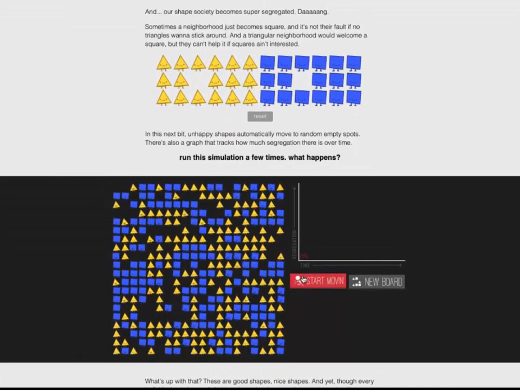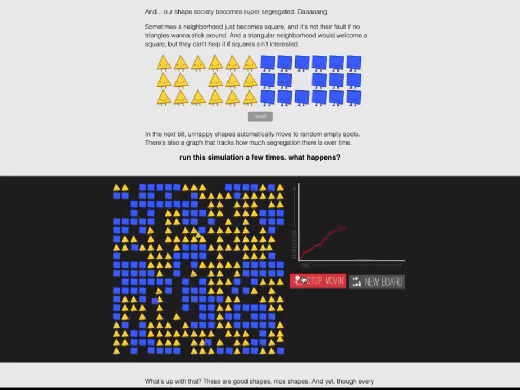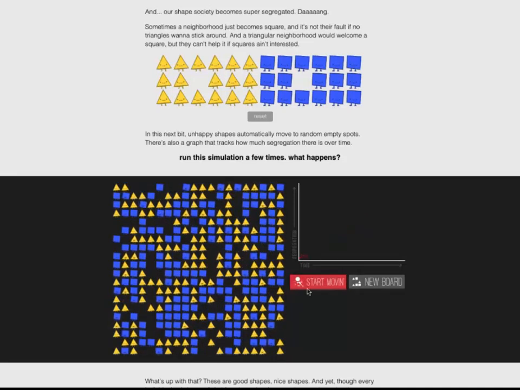Now, instead of individually moving things around, I'll have the computer move things. You saw what happened, new board. Now I start that, and one unhappy guy is selected and put somewhere else where he is happy. That's very simple. Here we have time as one axis, and here a measure for segregation. 0 means random assignment, like right now, while 100% would mean they're completely segregated.